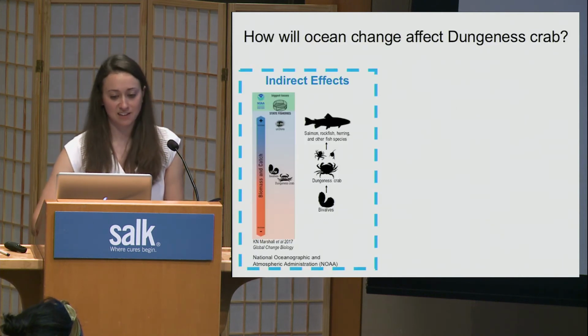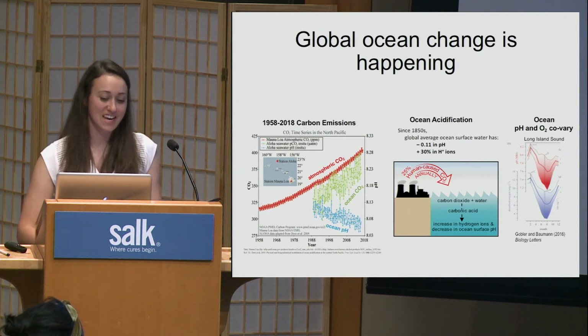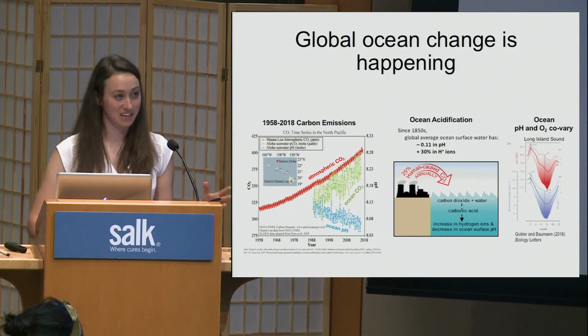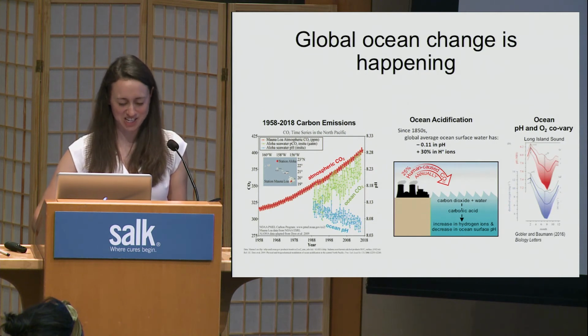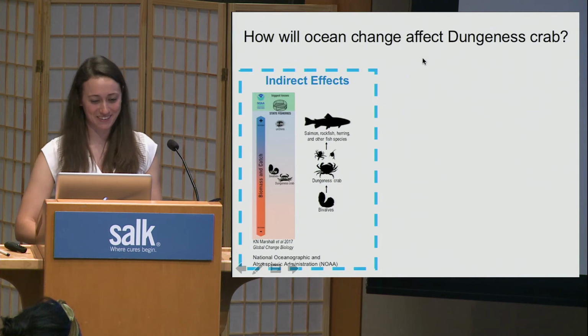Okay. And so this problem is affecting a lot of animals that live in the ocean, and that's kind of concerning because we care about certain ones, especially ones that are ecologically and economically important, like the Dungeness crab.